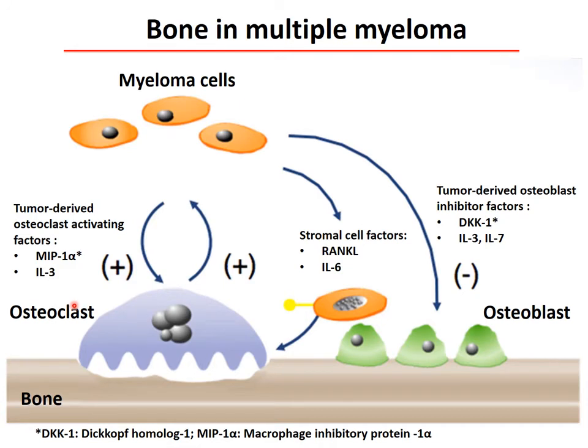So, neighboring each other, these two cells live happily together. One can get some proliferation, and the other can get anti-apoptotic signals, so the accumulation. This is why when the plasma cell meets an osteoclast, they start to communicate with each other, and they start to proliferate.